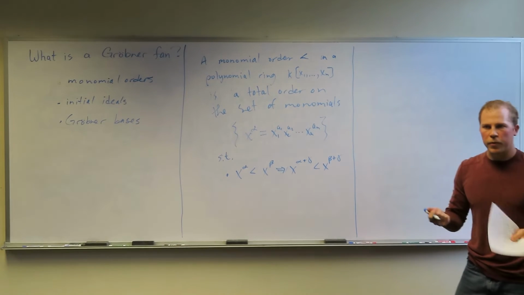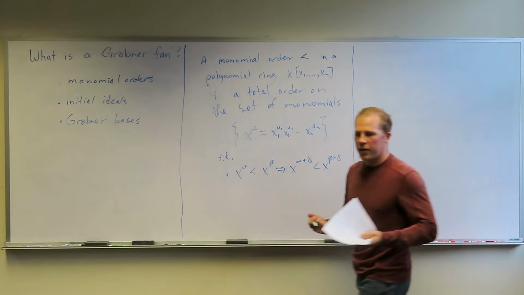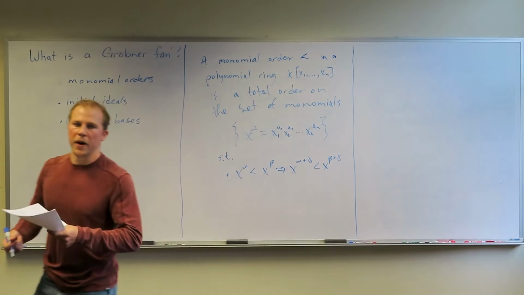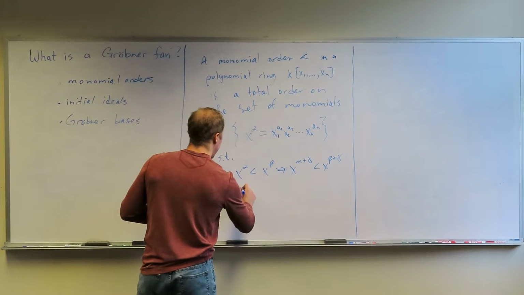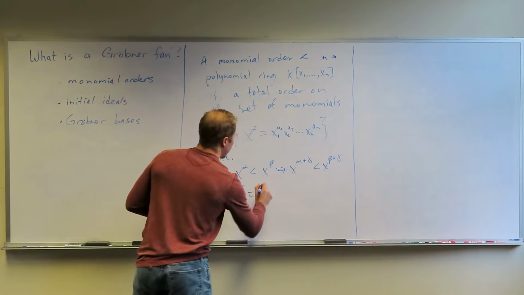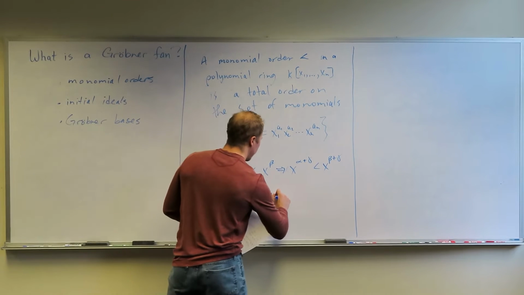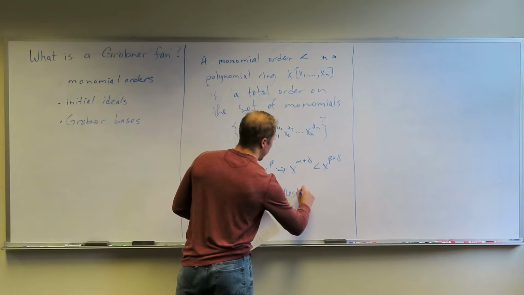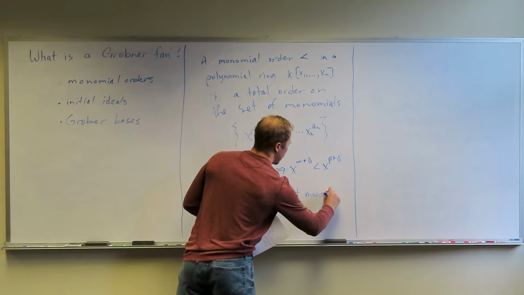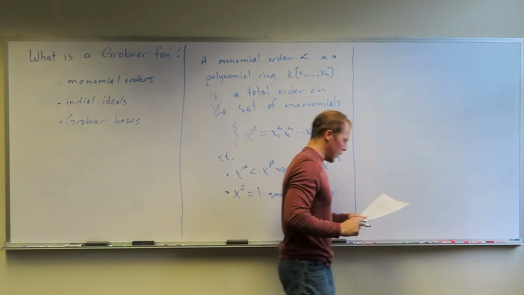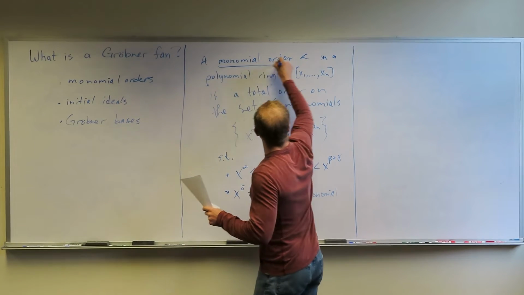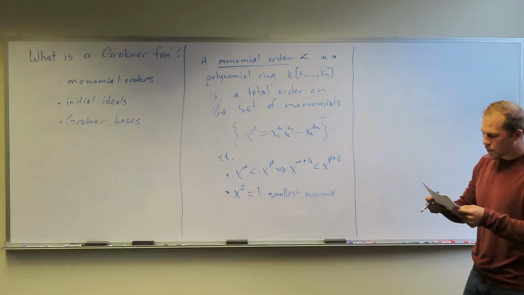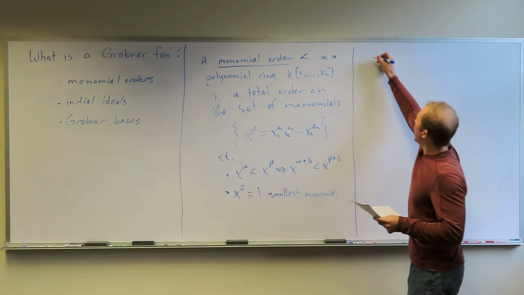So that somehow the order is preserved by multiplication of other monomials. And the other thing I want is that x to the 0, which is 1, I want that to be my smallest monomial. All right, and that's it. That's what a monomial order is.